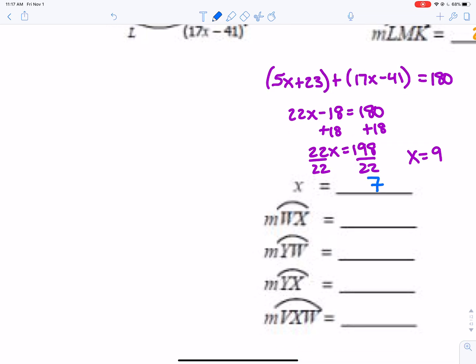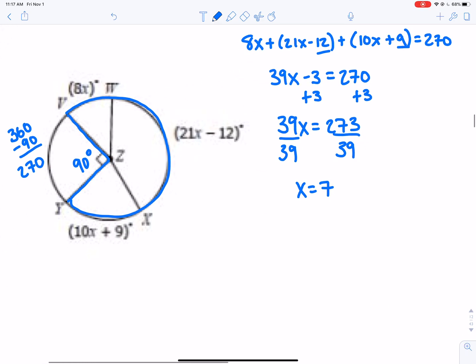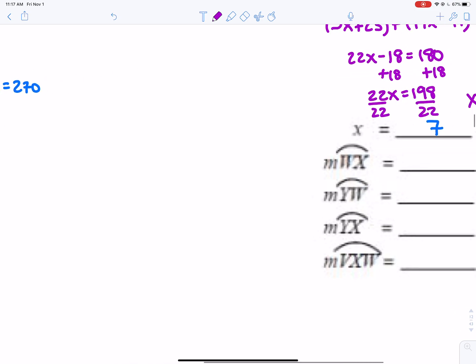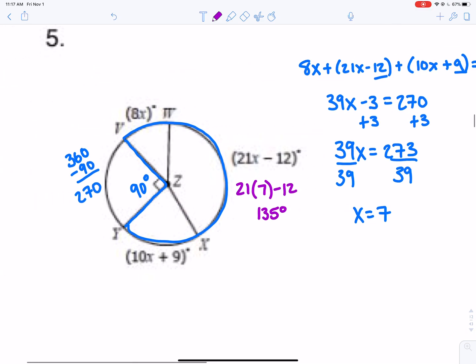The measure of arc WX, let's see if we can figure that with the 7, would be 21 times 7 minus 12, which is 135 degrees. So go back over here. So that would be 135 degrees. Then we want arc YW.